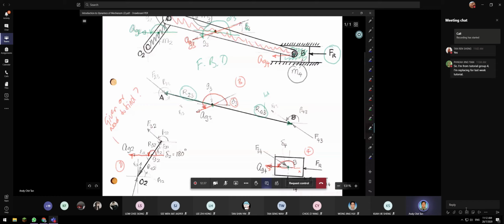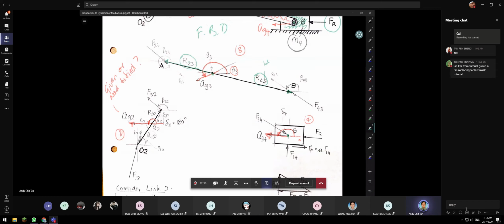Now you do the same thing for link number 2. You have your R towards link number 3, which is R32, on link number 2. And from the center of gravity to link 1, which is a fixed link, it is R12. These are the two important pieces of information you have to locate in your free body diagram.